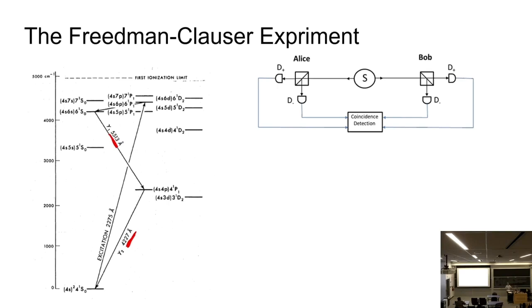It's just a light polarizer, like we've talked about before, just up or down or whatever, horizontal or vertical, whose orientation can be set by Alice and Bob. And there are single photon detectors. And there's part of the instrument that counts coincidences.